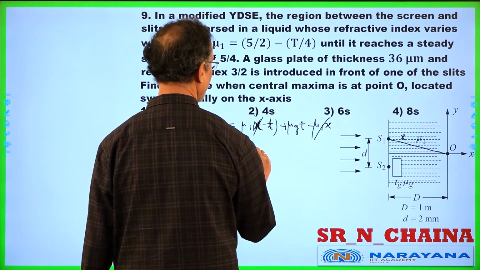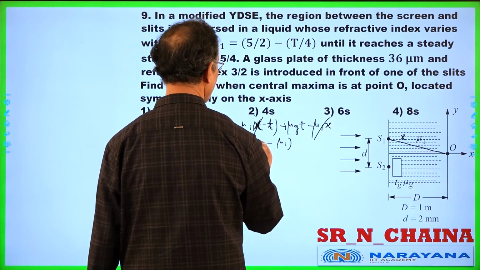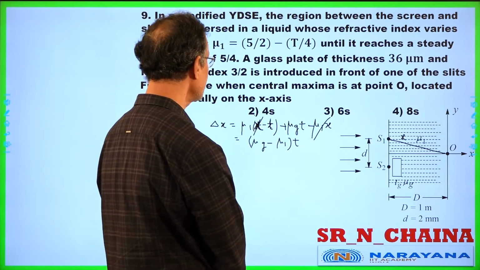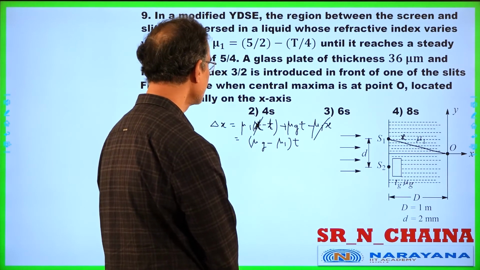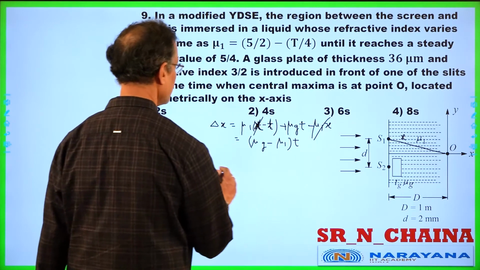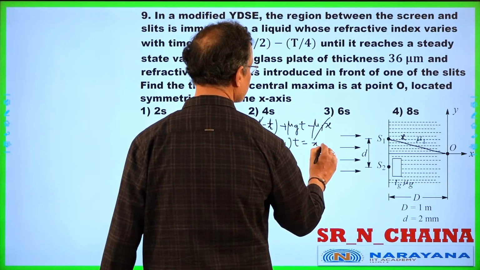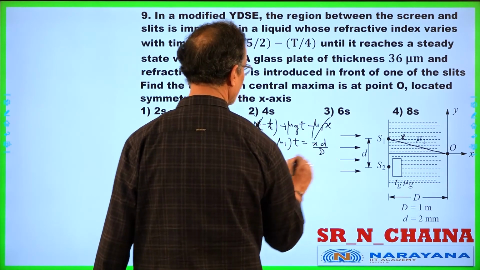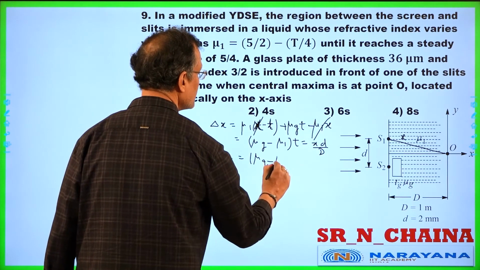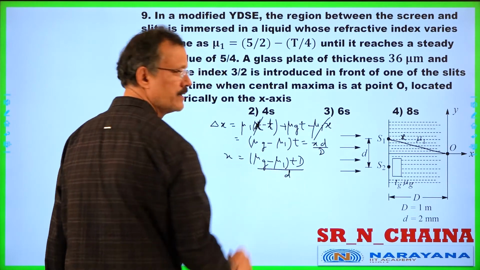How much are you getting? Mu g minus mu1 into t. Check this, we are getting mu g minus mu1 into t. And you want x, so this will be equal to x d by D. So your x will be equal to (mu g minus mu1) t d by D.